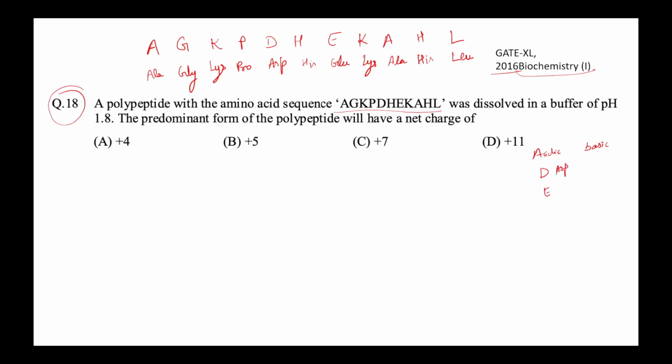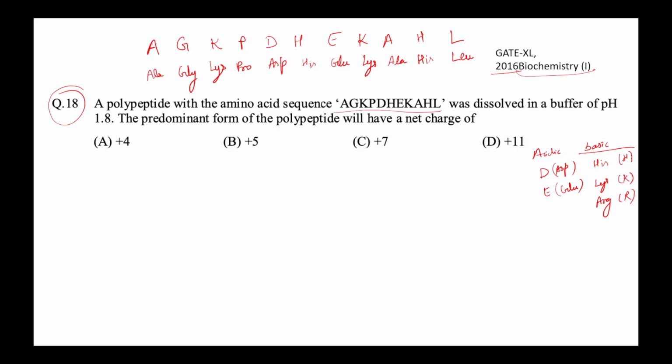In the basic amino acids we have three, which are histidine, lysine and arginine. Other amino acids do not bear any net charge.